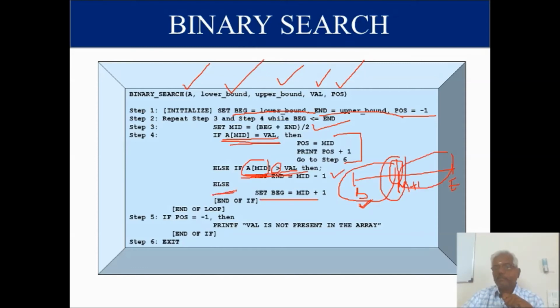So this else part reflects that my key value is greater than the mid value, automatically it goes to the right portion. In the right portion there is no change in the end, only the beginning is going to be mid plus 1. So this is the algorithm for binary search.